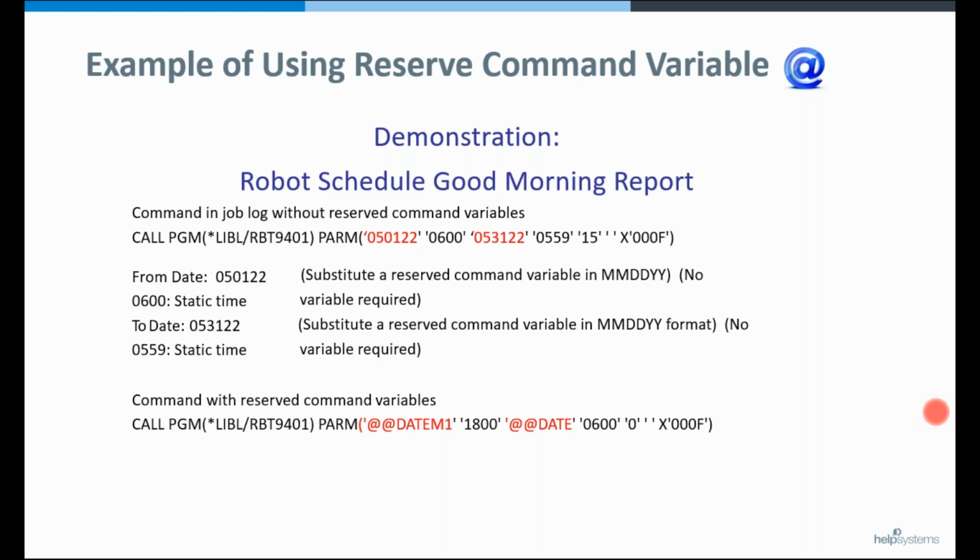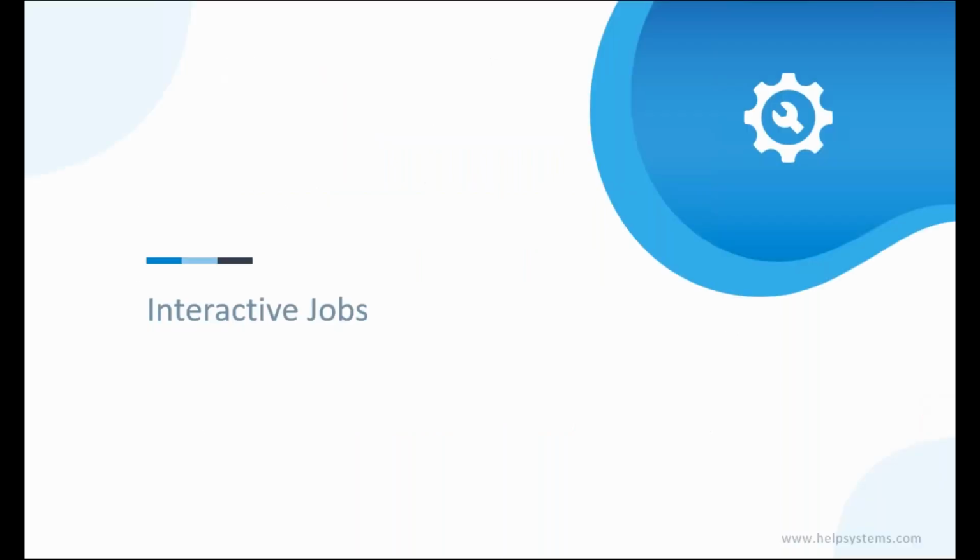Notice we have apostrophes around our dates, things like that. And then Chuck showed earlier how you can test out how it's going to get substituted before it runs. And then also keep in mind, in your job log, we will actually show you the values when we execute them. So very good. And that's one of the other things that Robot Schedule is really good at, is documenting what we're doing as we run your batch processing.